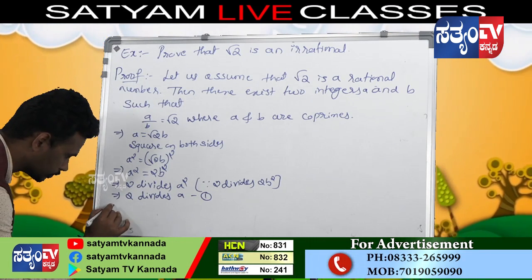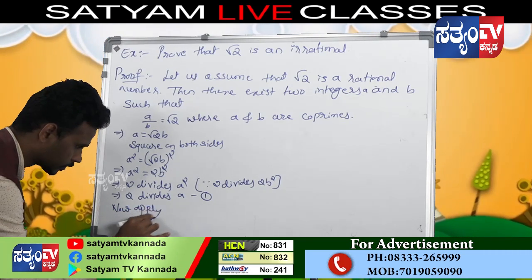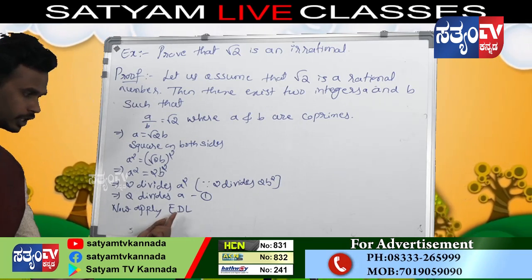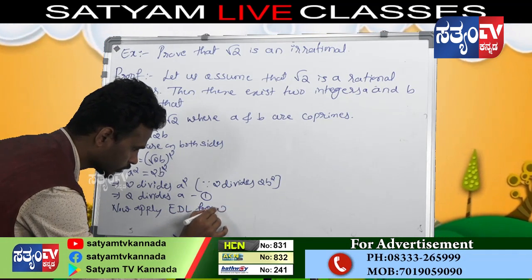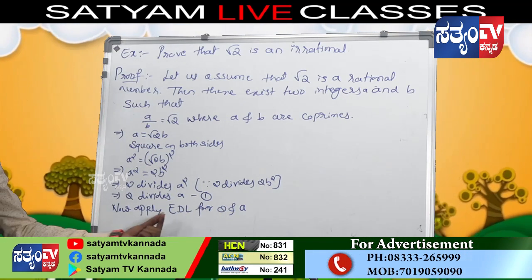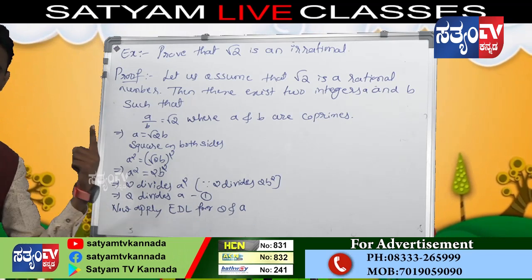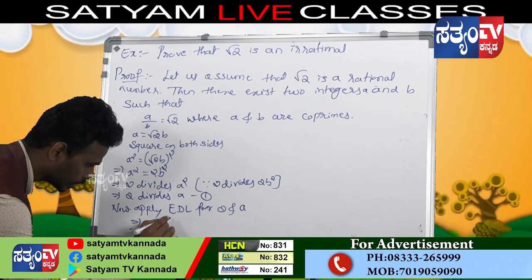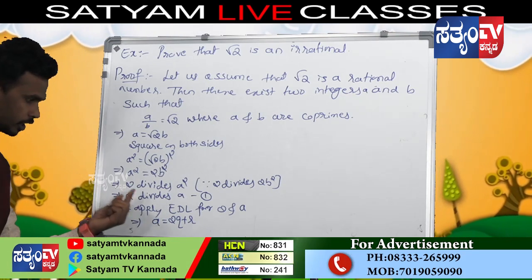So now apply Euclid division lemma for 2 and A. We have already studied that Euclid division lemma. So what we can write this one as A is equals to 2Q plus R. Here 2 is the divisor.